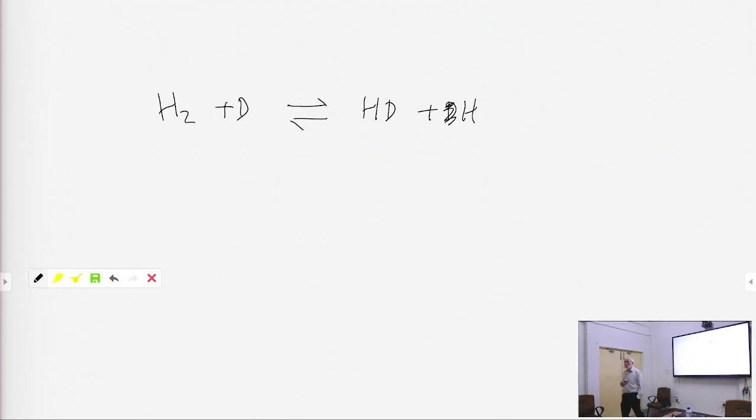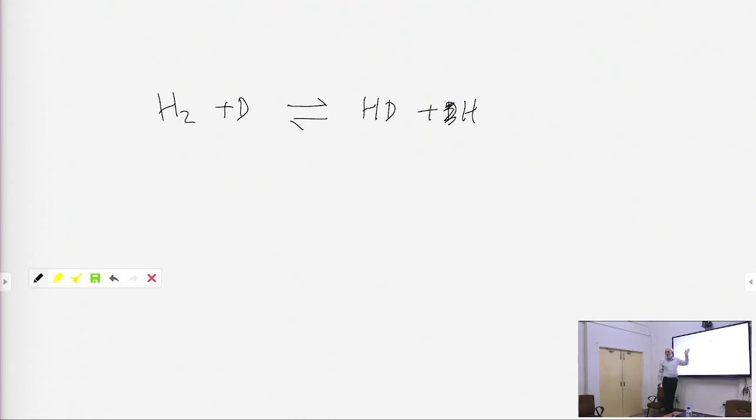Now, if you're at high temperature, well, if there's only 1 part in 10 to the 5 of that, you're going to be almost entirely in this with a little bit of deuterium.